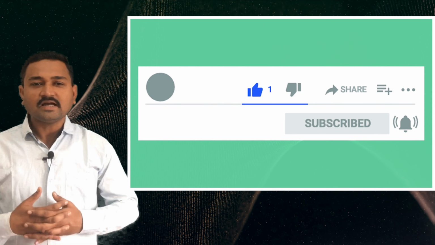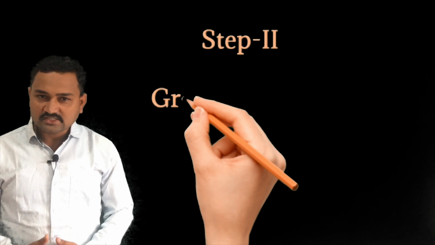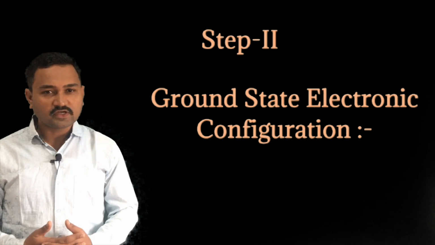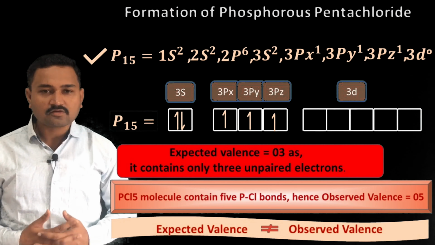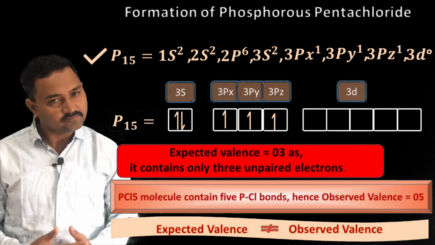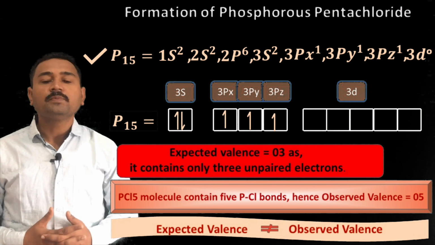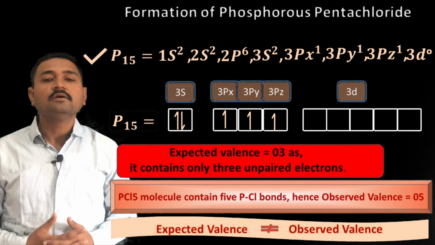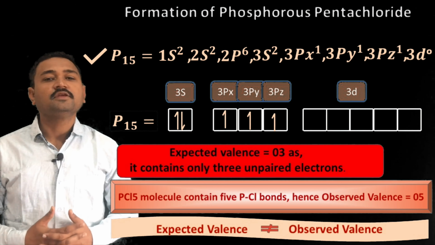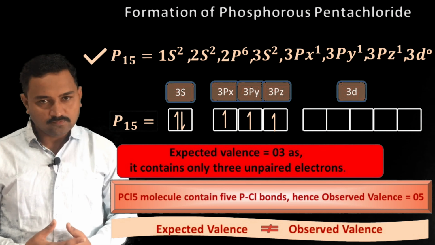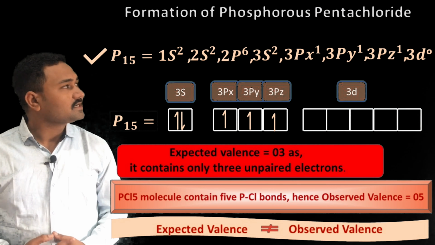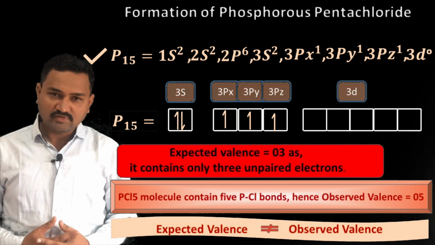Now let's start with the next step, that is our second step, the ground state electronic configuration of the phosphorus atom. The ground state electronic configuration of the phosphorus atom is 1s2, 2s2, 2p6, then 3s2 and 3p3, 3d0. I have shown this ground state electronic configuration in this square box form.